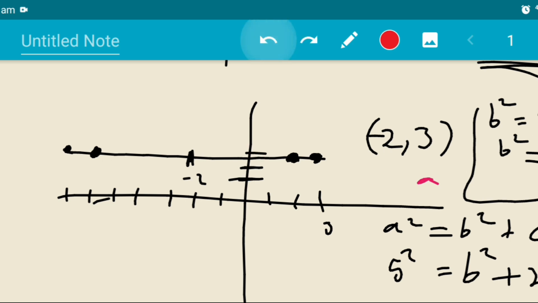Then 4, 5, 6. So those are the 3 units. Then we do the same but moving downwards. This here would be -1, -2, and -3. That is our b there.